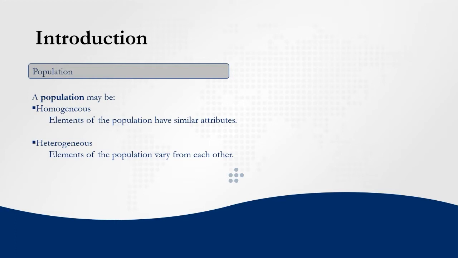Or is it a population where there is a lot of variation in terms of some of the variables that you are interested in? That is very important in terms of sampling, because if your population has a lot of variability, then you need to take that into account when you do your sampling.